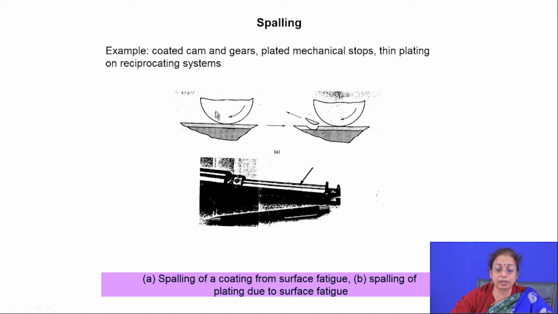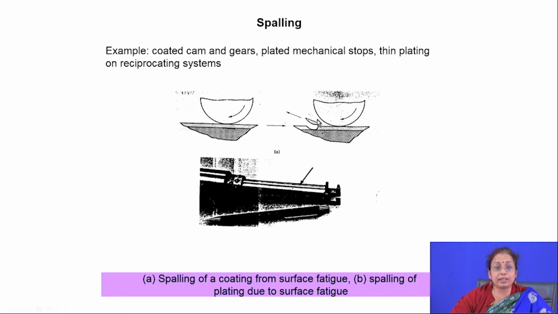In all these coated components, if subjected to fatigue loading or compressive-zero loading during wear, you will find that crack initiation occurs at the interface between the coating and the substrate, and then subsequently the material fails by subsurface crack formation and propagation.